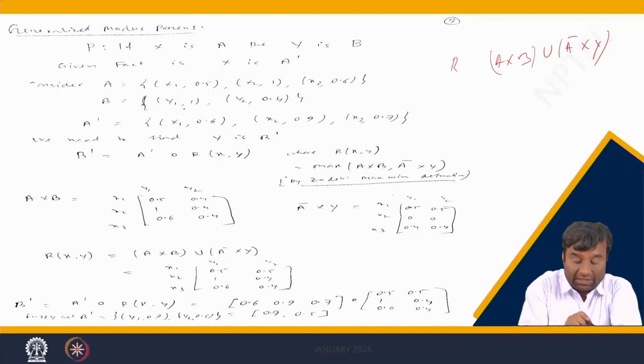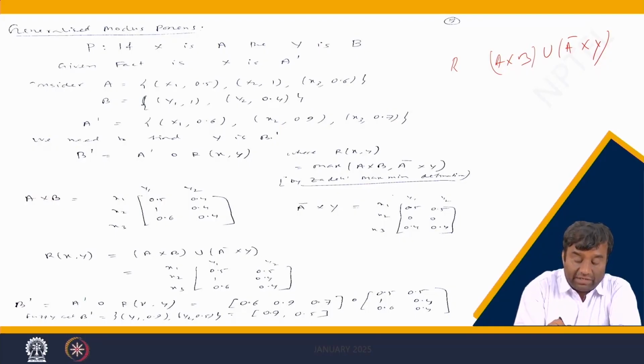So the question is: consider A. A is x1 0.5, x2 1, x3 0.6, and Y membership is y1 1, y2 0.5. The given A dash is x1 0.6, x2 0.9, x3 0.7.